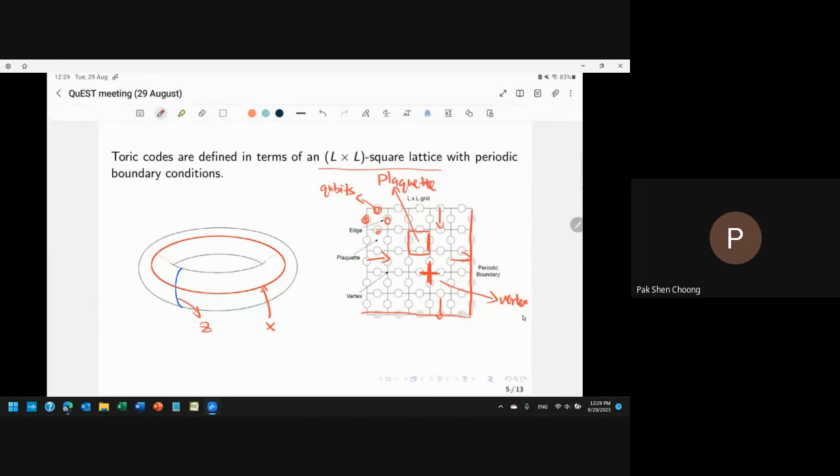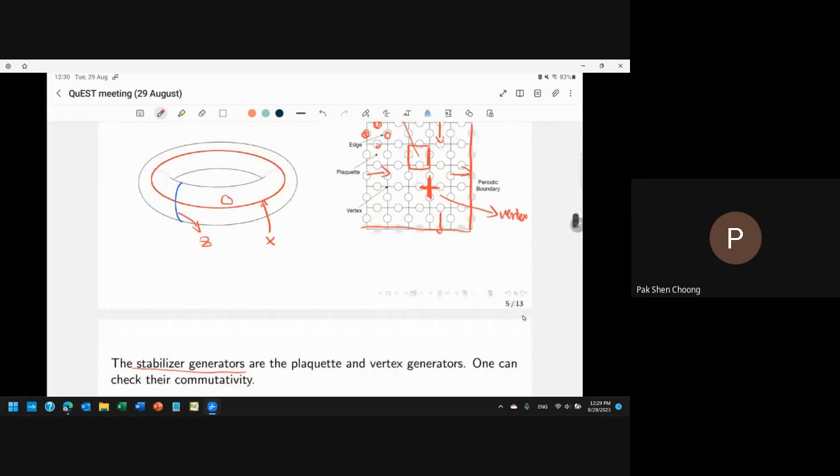And what is your bracket and vertex operator in this case? It is a circle on a torus. So this is where the topological idea comes in, because these two circles, the x and the z, no matter how you deform them, you won't be able to shrink them to a point. Whereas your bracket and your vertex operators, if you deform them, they can actually shrink to a point.